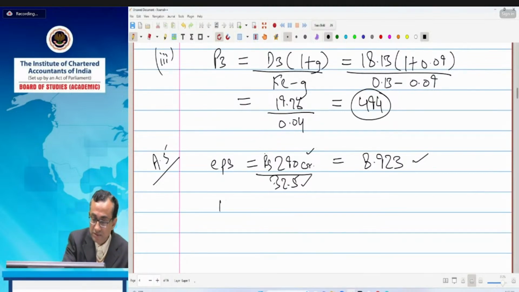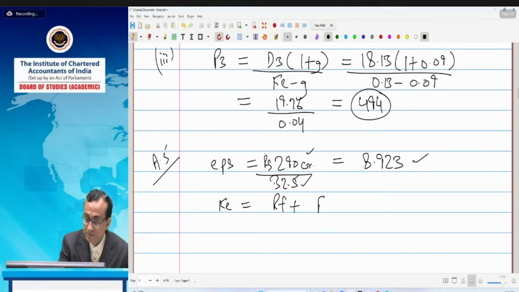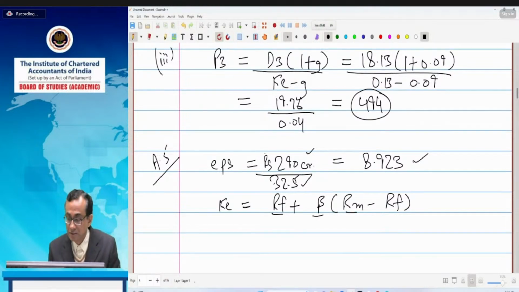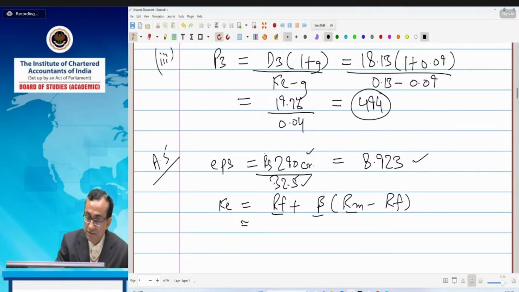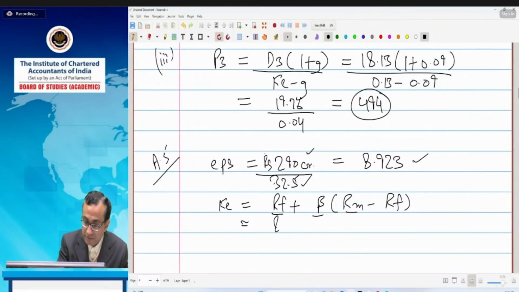Now, next we have to calculate the KE. KE is not given in the question and it has to be calculated as per the CAPM model. That is RF plus beta into RM minus RF. We have discussed it during our lecture also that RF is the risk-free rate. It is the beta. Beta shows the volatility. RM is the market rate of return. Now put the figures into the formula. Risk-free rate is given in the question. It is 8.7%.